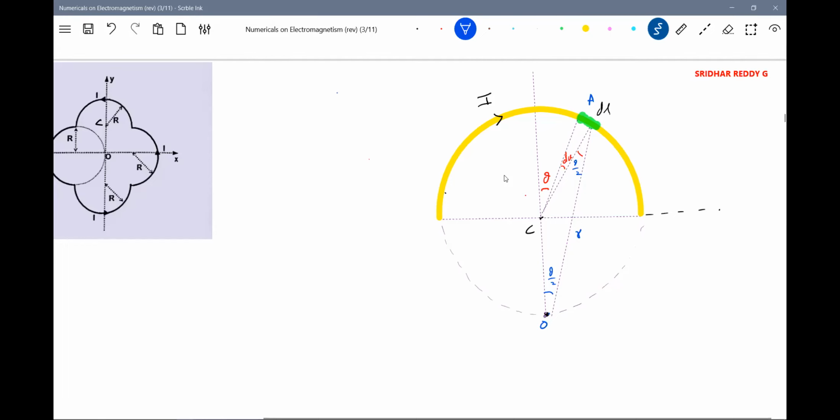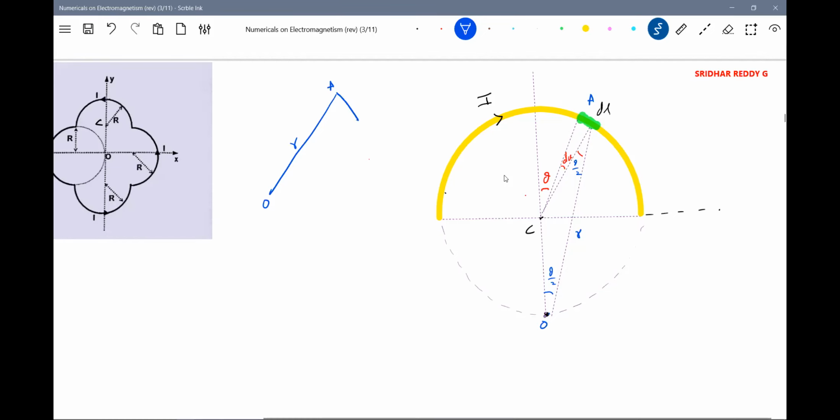What is the current element? The current element will be like this, I dl, and this is the point A, and this is the point O. What is this angle? It's not perpendicular.